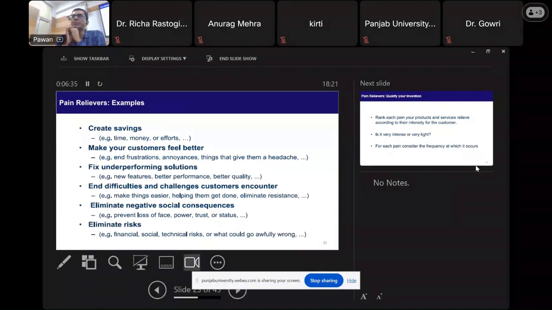Say you are a stockbroking app. Maybe you have developed an app which helps people save more money. Right now, you are solving a pain of a person whose savings are not very high, who is struggling to save. So you're making it easy for them to invest in some way.